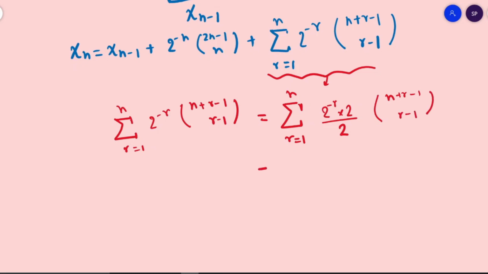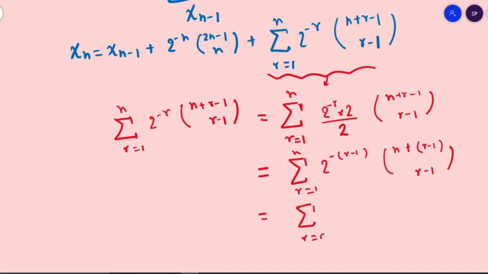Now this can be simply written as summation r equal to 1 to n of 2 to the power minus r minus 1 times (n plus r minus 1 choose r minus 1), and this is simply summation r equal to 0 to n minus 1 of 2 to the power minus r times (n plus r choose r), with a factor of a half.